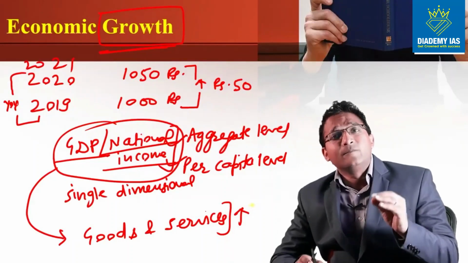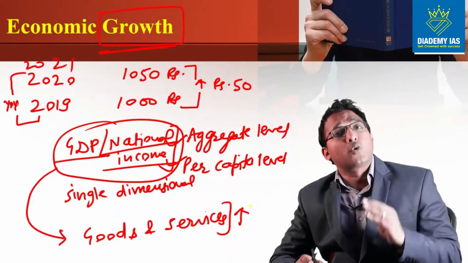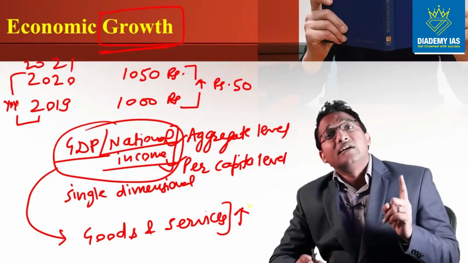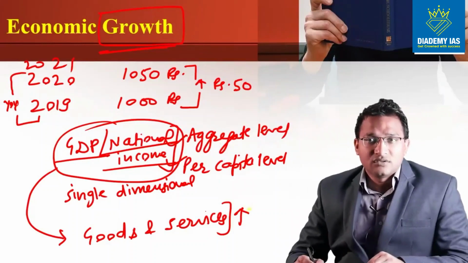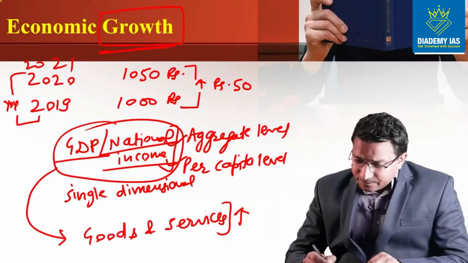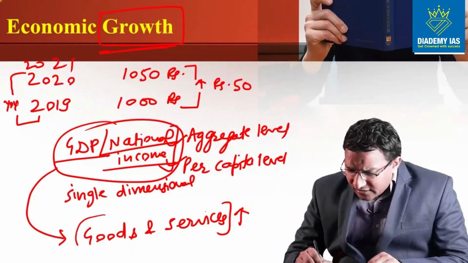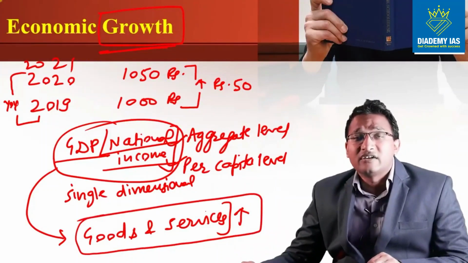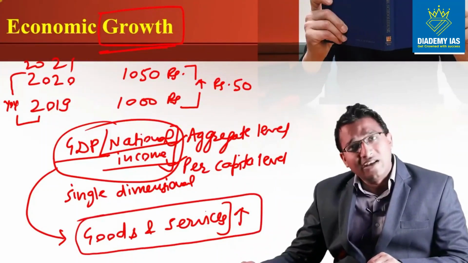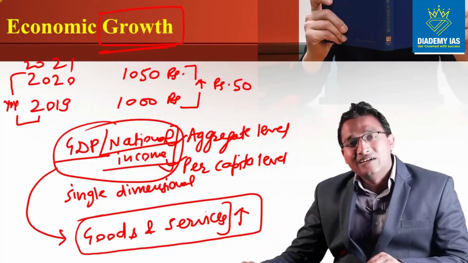This year the value of goods and services produced in the country is more than the value of goods and services produced last year, right? So this is how the economic growth rate indicates that goods and services are increasing in terms of value, the production is increasing, right?